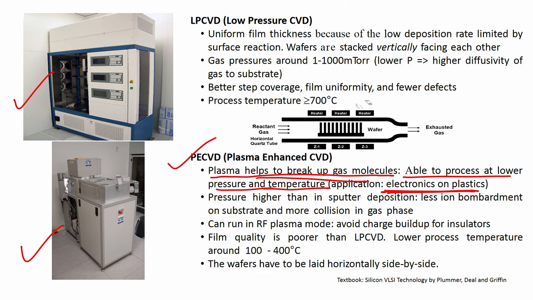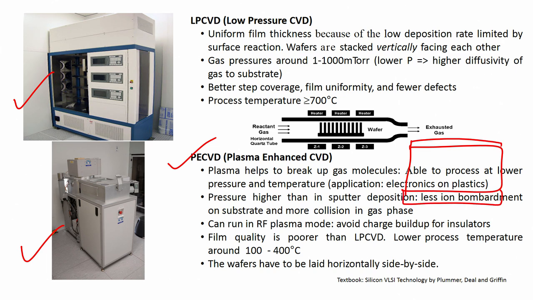Another example that I gave you when I was teaching you about gas sensors: suppose you have an oxidized silicon substrate with an aluminum pattern, let us say this is aluminum. On this you want to grow silicon dioxide.